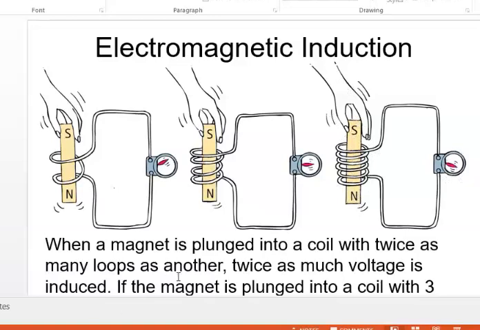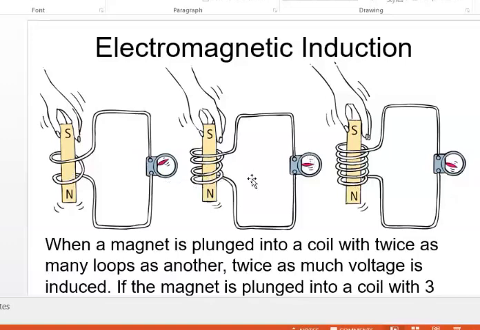So when the magnet is plunged into the coil with twice as many loops as another, twice as much voltage is induced. It means if there are 2 turns, 4 turns and here 6 turns, what will happen?